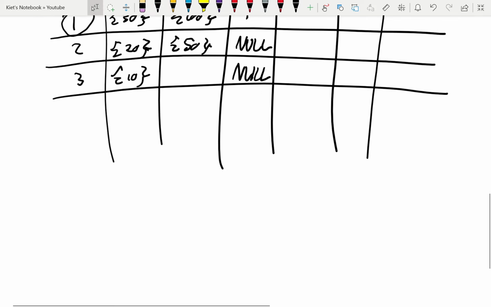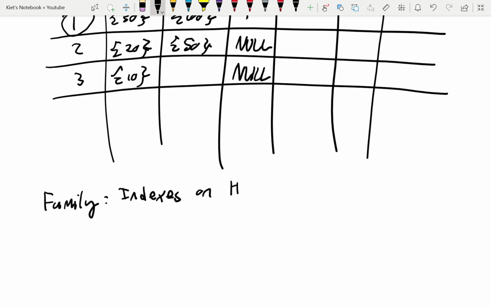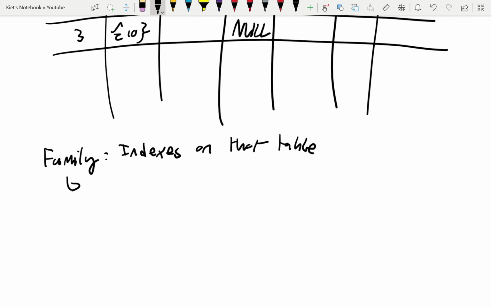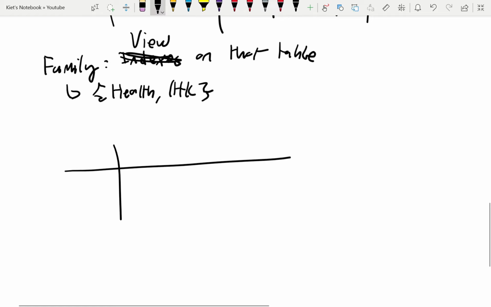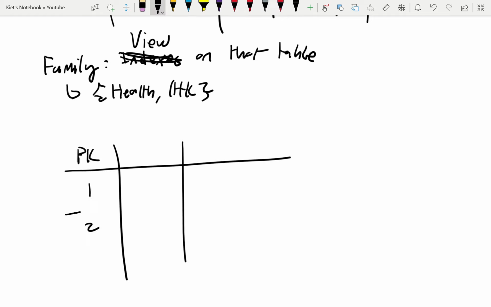Okay, and then in terms of a family, you can think about this as being indexes on that table. For example, you might want to define a family that always has the health component set and the attack. Or not indexes, but rather a view on that table. So this is a much faster and more optimized way of iterating through all the entities that have these components.